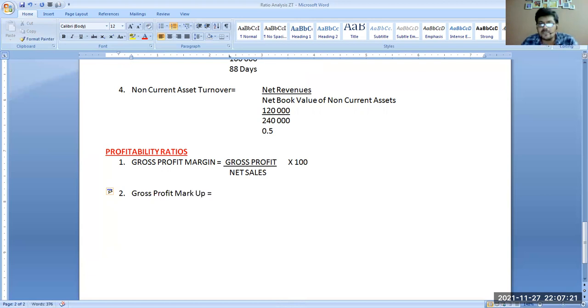The only difference between margin and markup is the formula: gross profit divided by cost of sales, then multiply by 100. So be very careful when they ask you to calculate margin or markup. Margin means gross profit divided by sales. Markup means gross profit divided by cost of sales. Are you getting my point clear?